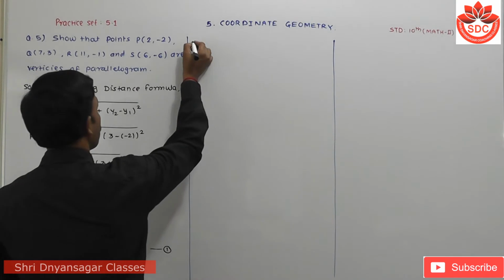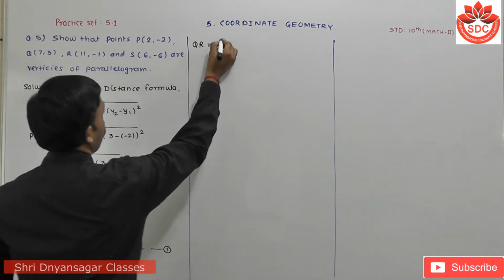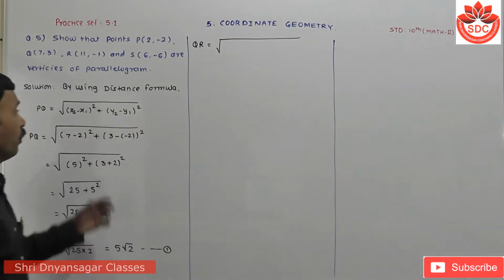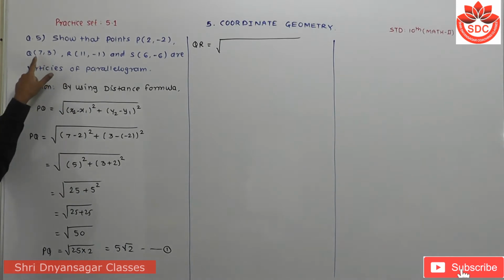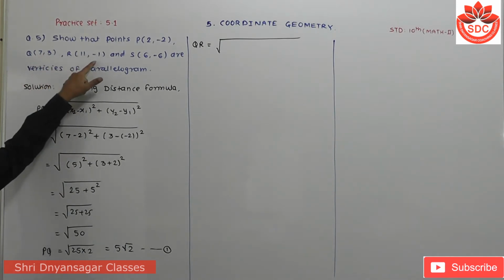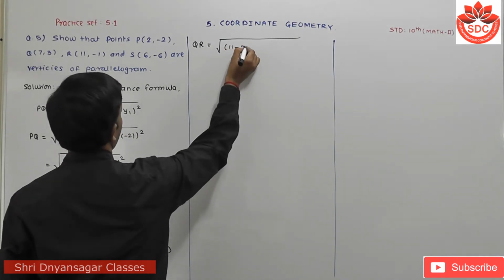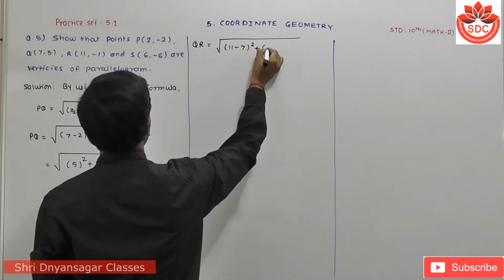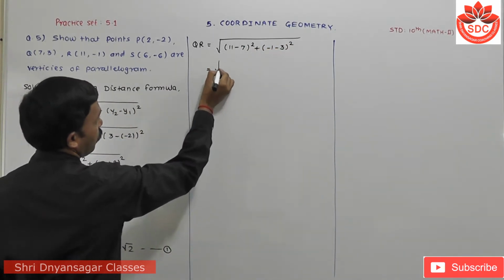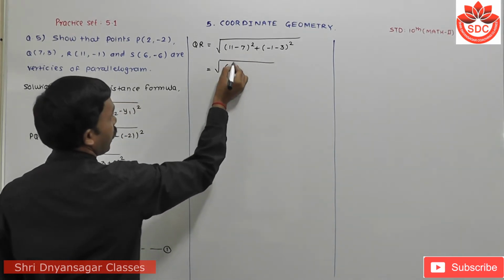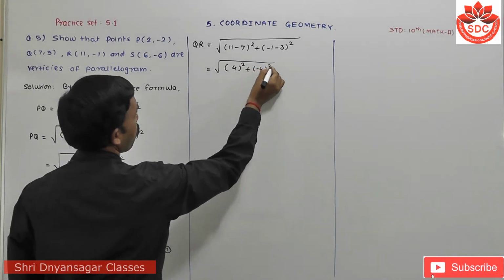Then we have to find the distance QR. I directly use this formula. By substituting the values of QR in this formula, let Q be x1, y1 and R be x2, y2. Then (11 minus 7) squared plus (minus 1 minus 3) squared. The subtraction gives 4 squared plus minus 4 squared.